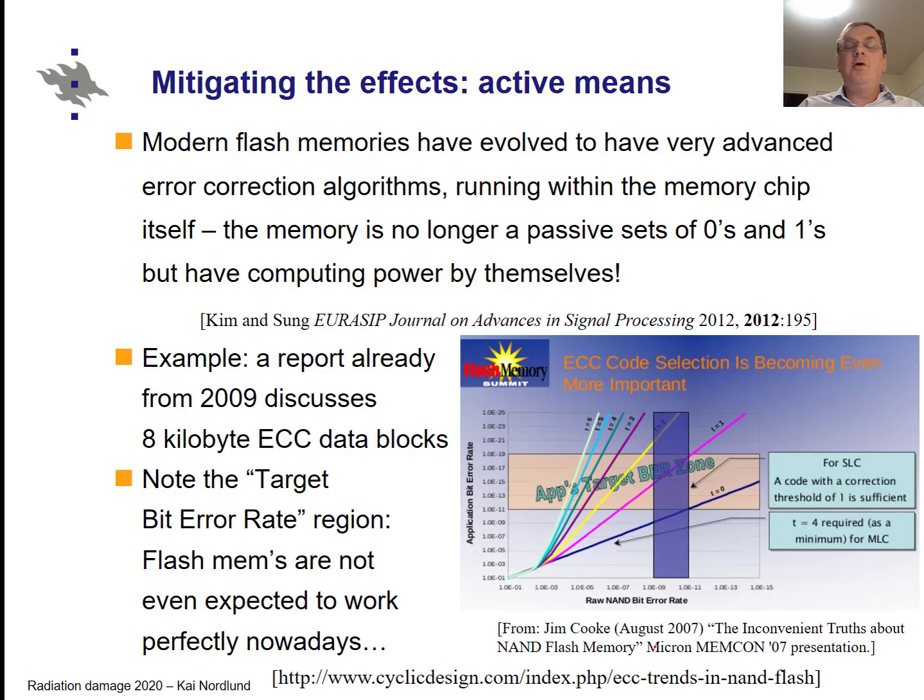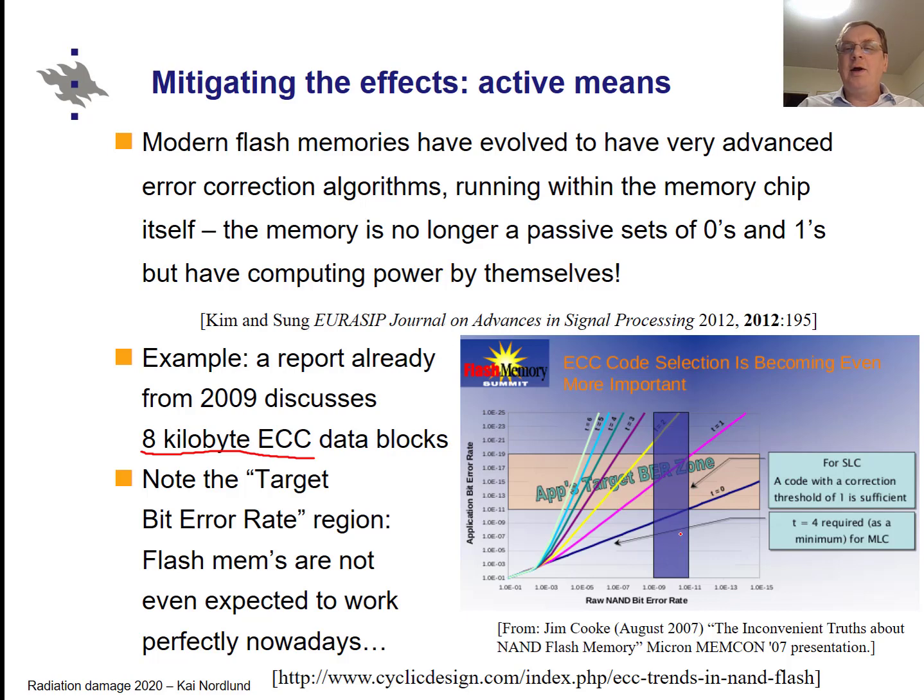And this has been going on for a long time. By now, actually, the error correcting codes are very advanced and handle very big chunks of data. Already more than 10 years ago, a technical report discussed 8 kilobyte data blocks. So you handle 8 kilobytes as one data block, and then have an error correcting code which allows a certain error rate in this code and still gives the correct result.